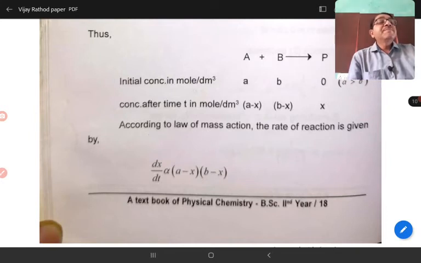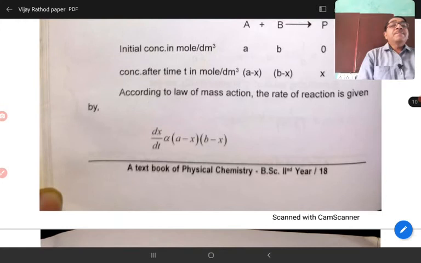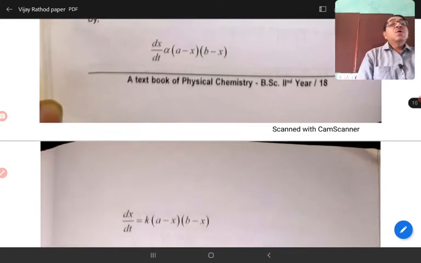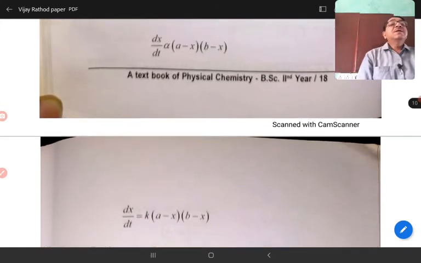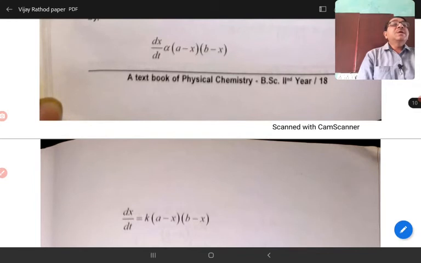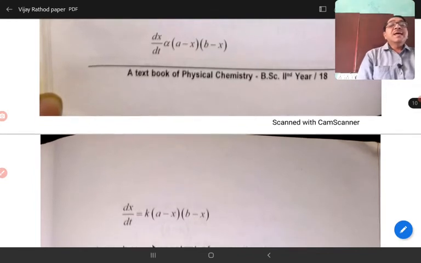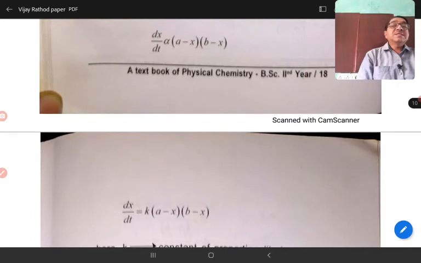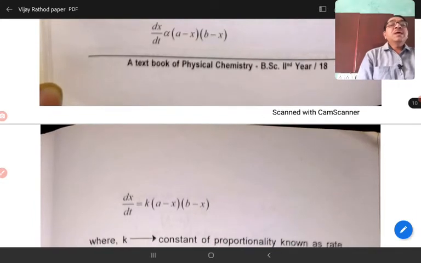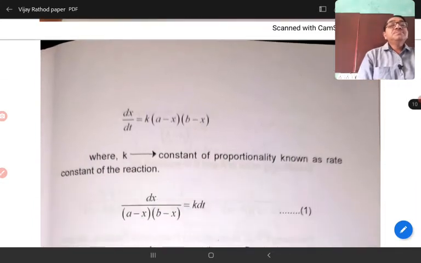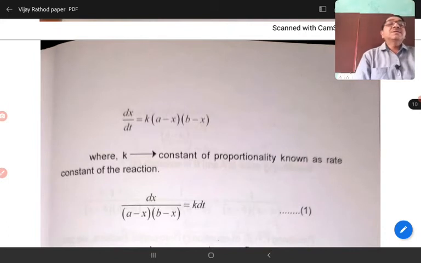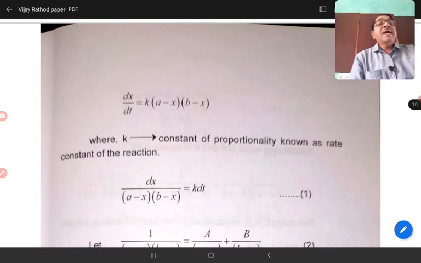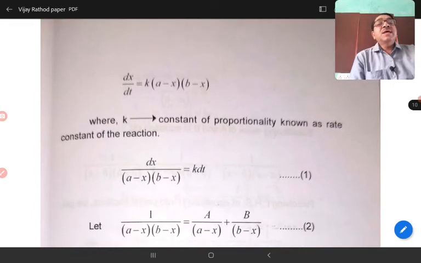Now, on simplifying, dx by dt is converted into k into (a minus x) into (b minus x). Again, similarly, k is the constant of proportionality known as the rate constant of the reaction.